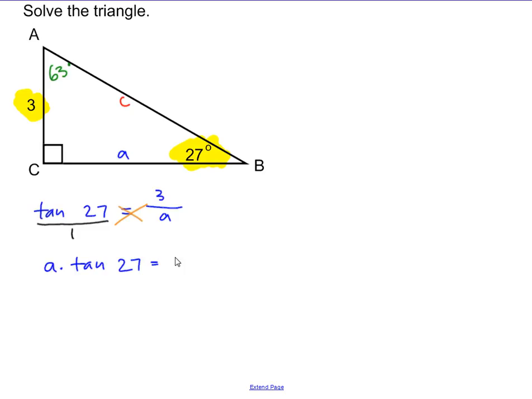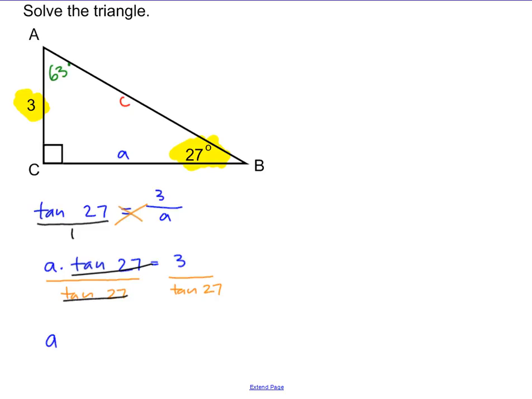equals 1 times 3. And so now, if I wanted to solve this equation, I would divide both sides by the tangent of 27. The reason why I do that is because these two are going to cancel out. Tangent of 27 divided by tangent of 27 is 1.